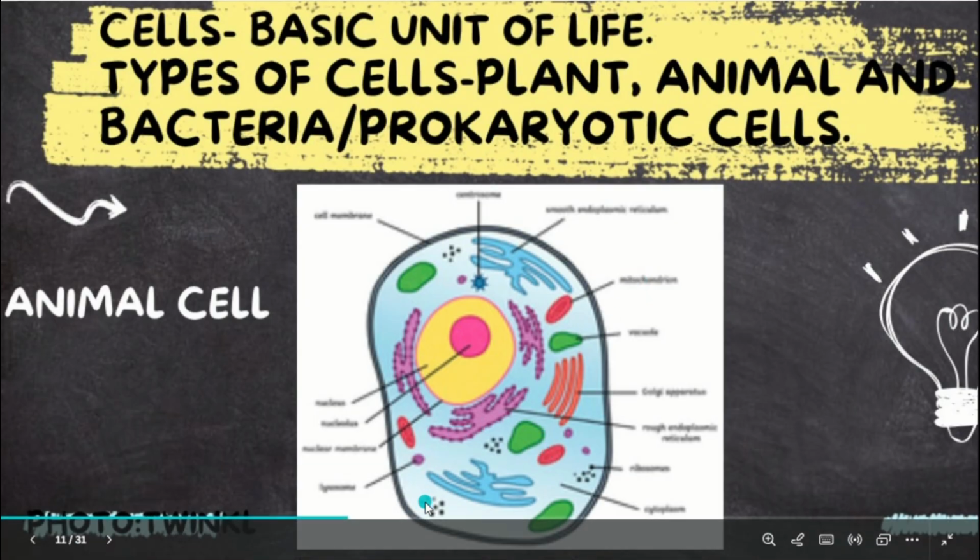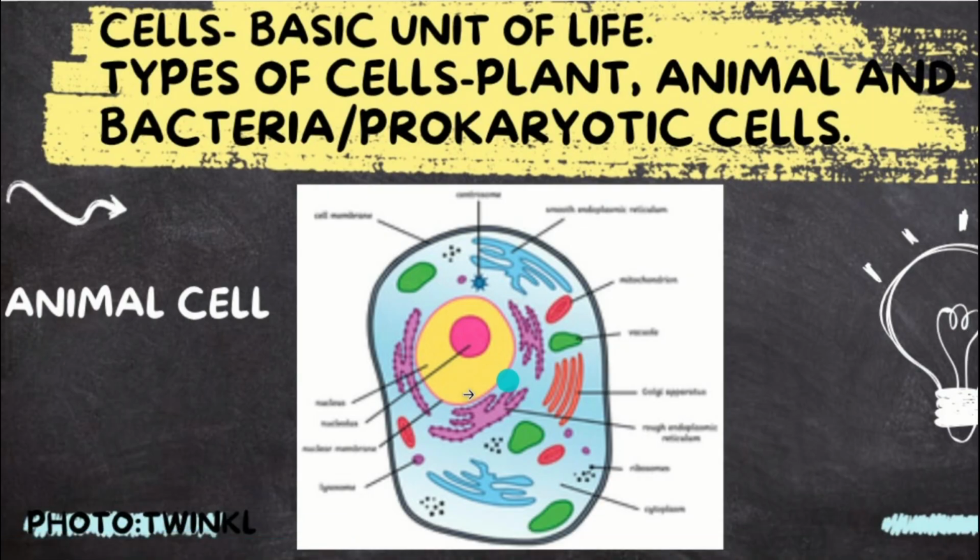So basically, we're just going to run through the function of each part really quickly. We have our nucleus. We know that obviously it controls the cell. The centrosome, we don't really have to worry about what this is. This blue thing is basically involved in cell division.